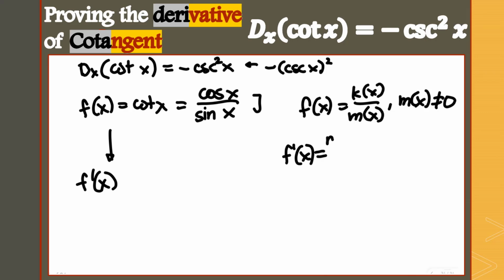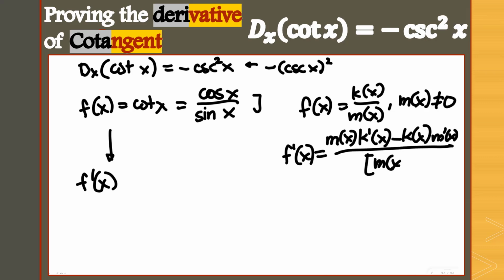You have the denominator times the derivative of your numerator minus your numerator times the derivative of your denominator, all over the square of whatever function you see in your denominator. We can use that to represent the derivative of cotangent x, and see after this process if it will really yield negative of cosecant squared x.